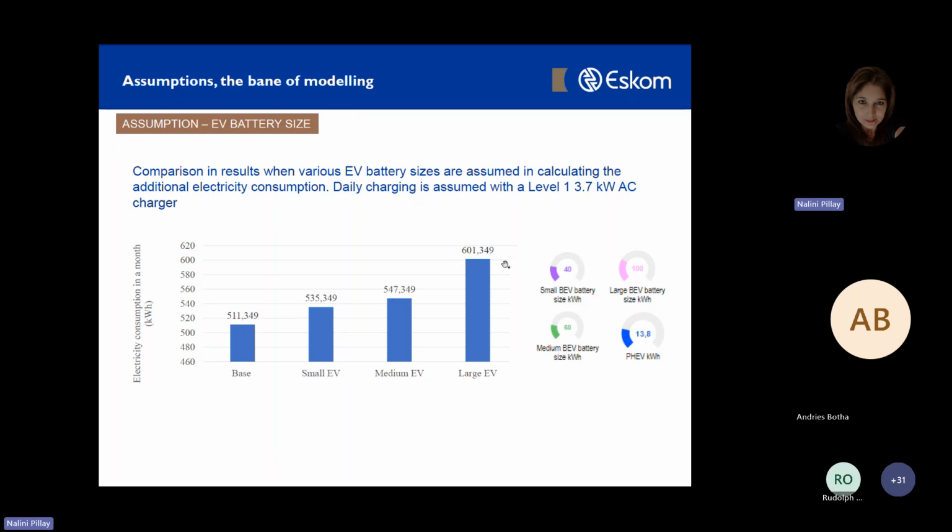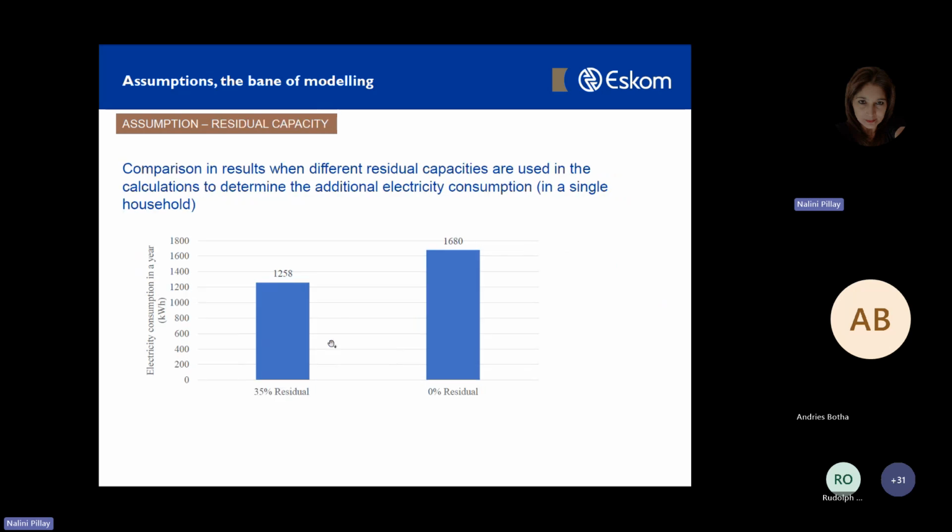And you can see it can be significantly higher if we have a large EV. For a large EV, we're assuming a 100 kilowatt hour battery compared to a small EV battery size of about 40 kilowatt hours in this instance.